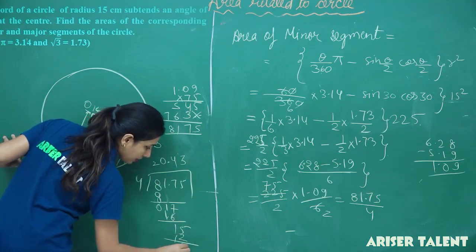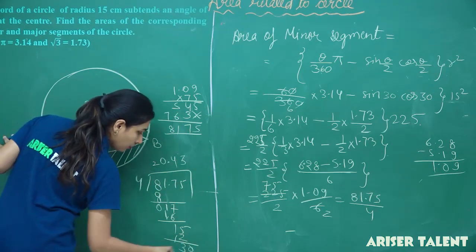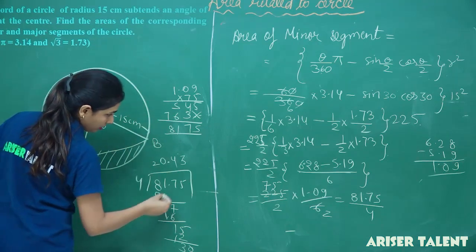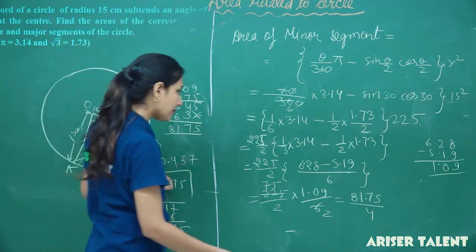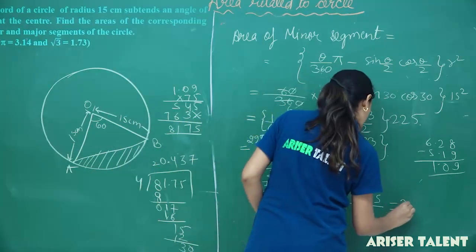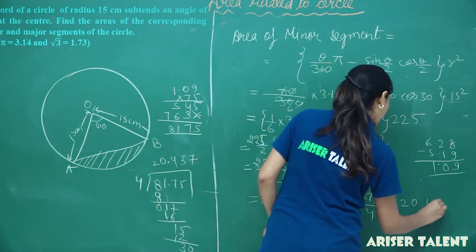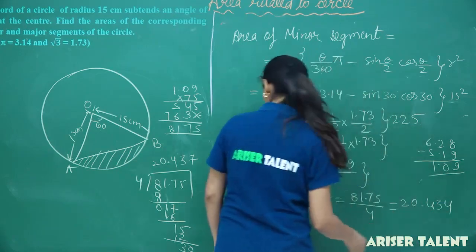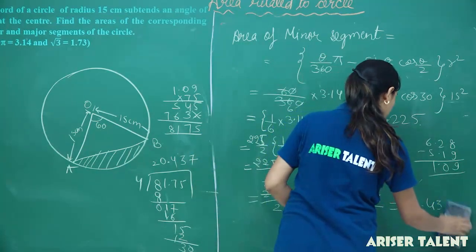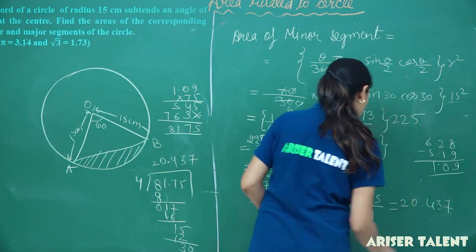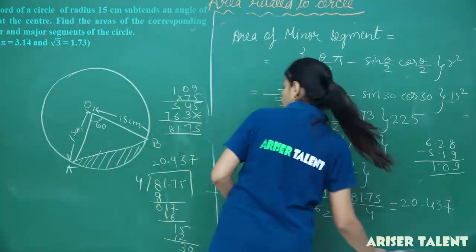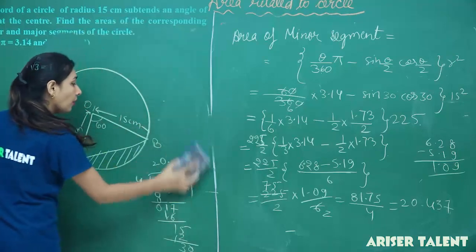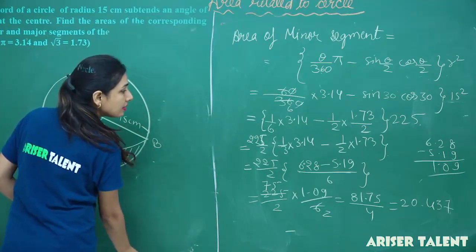Can I stop here and just write the approximate value equals 20.437? Okay, students, so this is the value of what? The minor segment. Now area of minor segment is this.